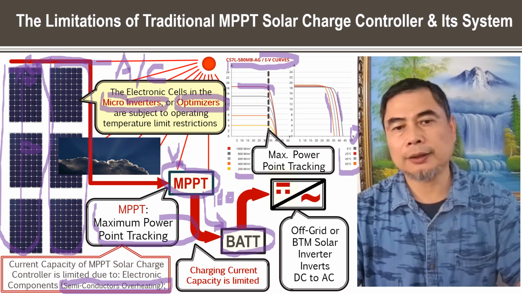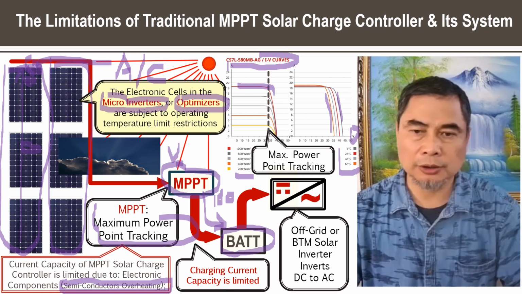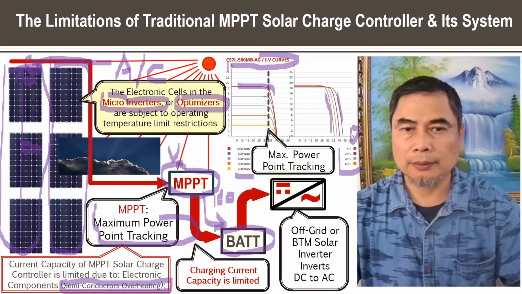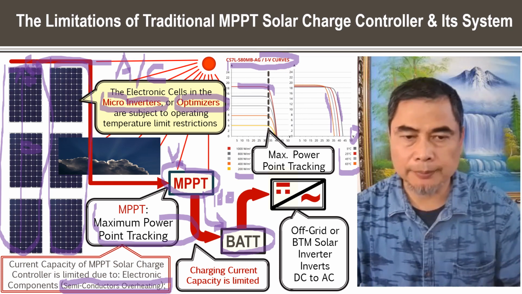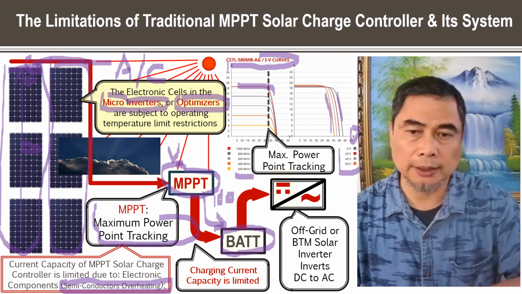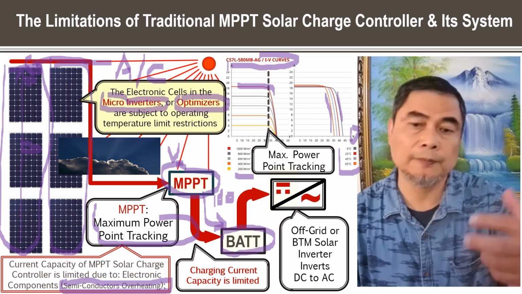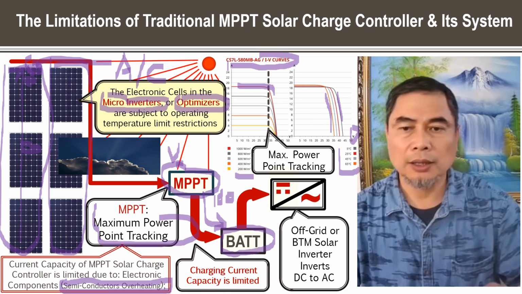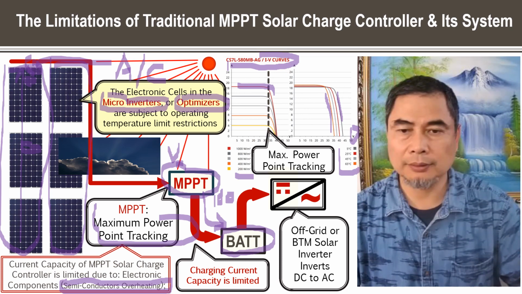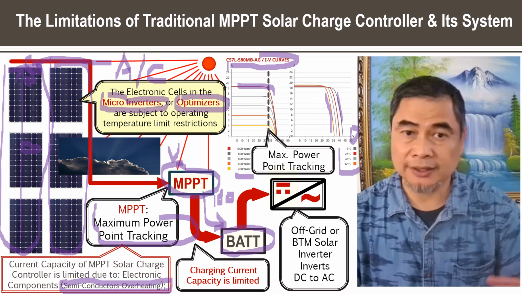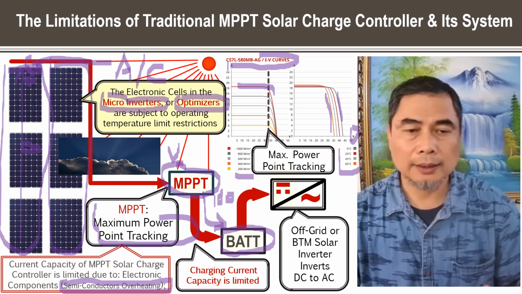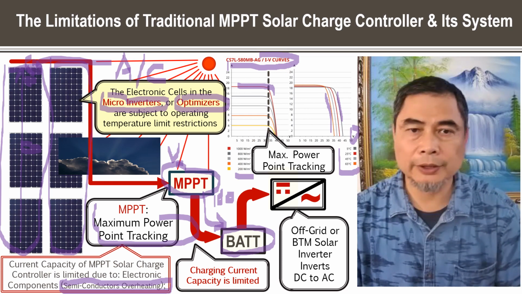That's why we say, okay, this MPPT solar charge controller system, we make it 100 amps, and that actually refers to the output conditions, maximum 48 VDC. If you have 12 VDC, 12 volt, the capacity is very, very limited.